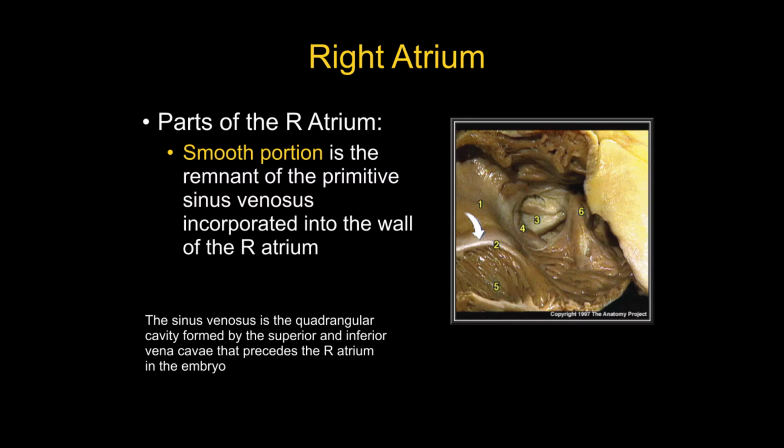So to explain why that upper portion of the right atrium is smooth, this is actually a fetal major vein which has been incorporated into the wall of the right atrium. So that's the sinus venosus, a major venous vessel, a major vein during fetal development.